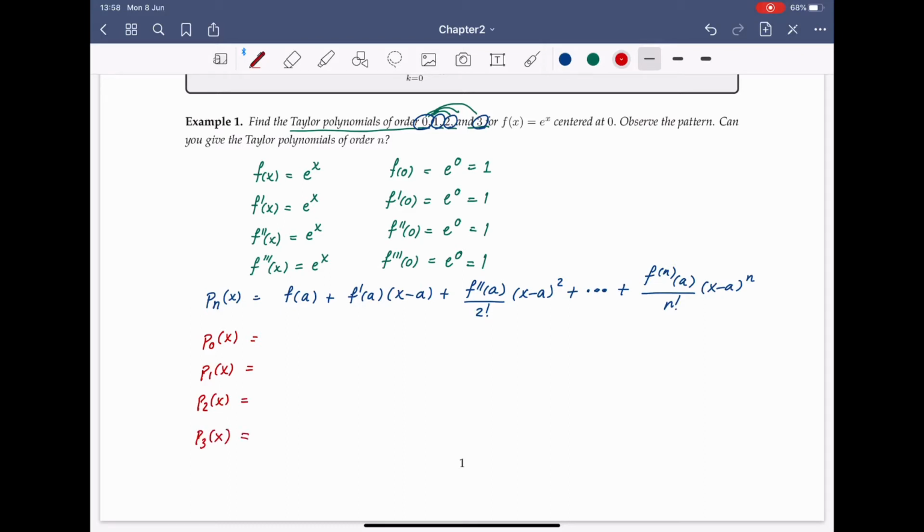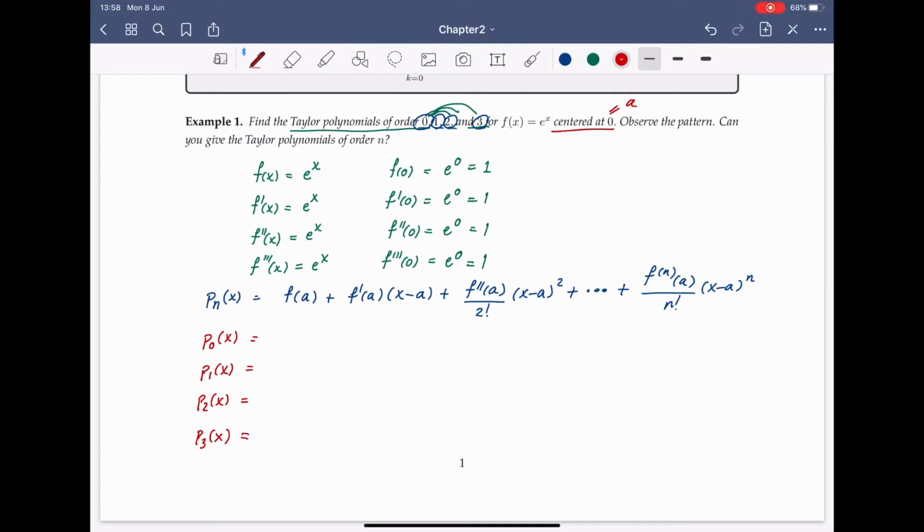So before we head to the part where we find the Taylor polynomial, let's look at our center first. Every time they ask you to find Taylor polynomials, they are going to give you a center. This center is denoted by a, so the a in your formula is the center.